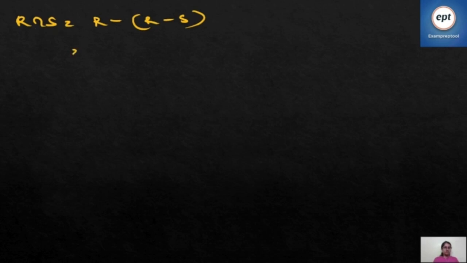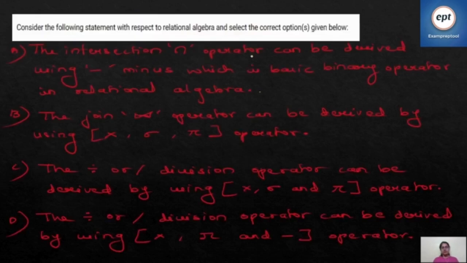Or we can also write it as S minus (S minus R): we do S minus R and subtract the whole from S. This is how we can write the intersection operator. So option A is correct, that the intersection operator can be derived using minus, which is a basic binary operator in relational algebra.